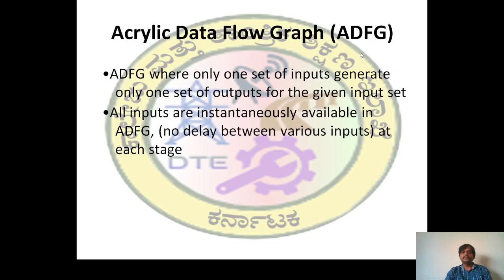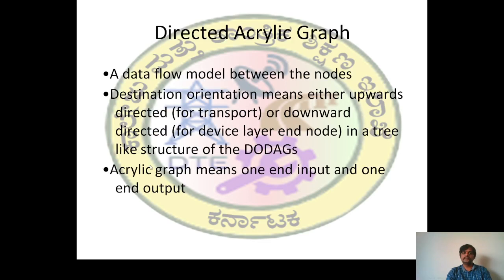So in a DFG, only one set of inputs generates only one set of outputs for the given input set. All inputs are instantaneously available in a DFG. There is no delay in between various inputs. It will happen at each stage.